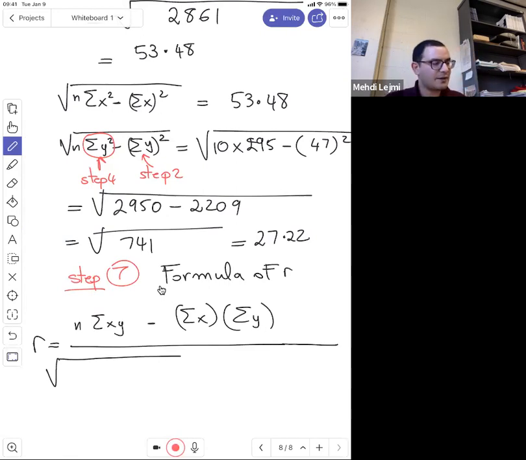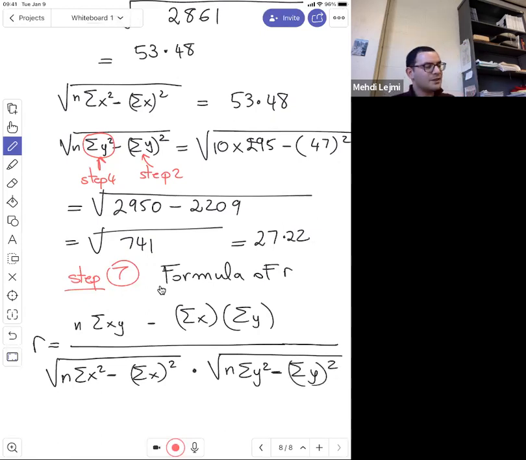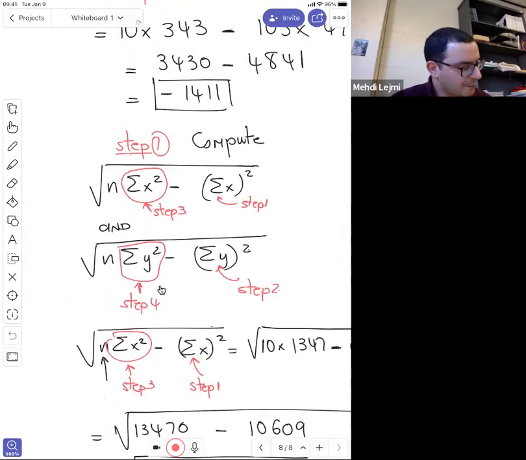So we have the first square root, N times the sum of the X squared minus the square of the sum of the X's, and we do the same thing with the Y. So we have N times the sum of the Y squared minus the square of the sum of the Y's.